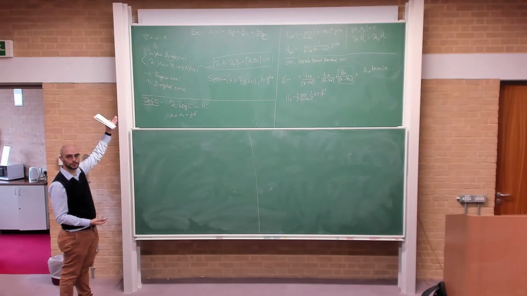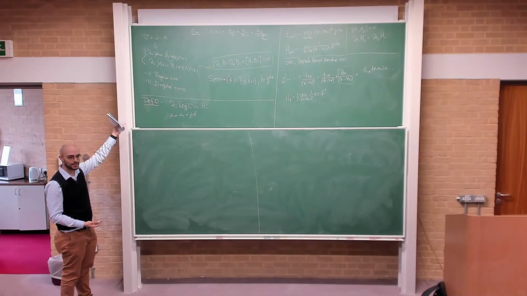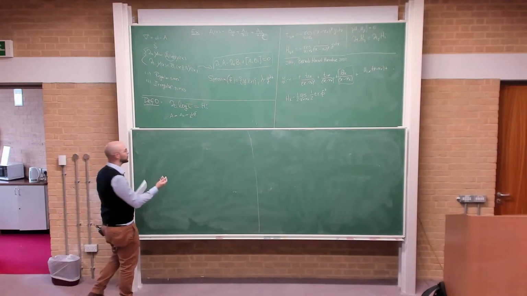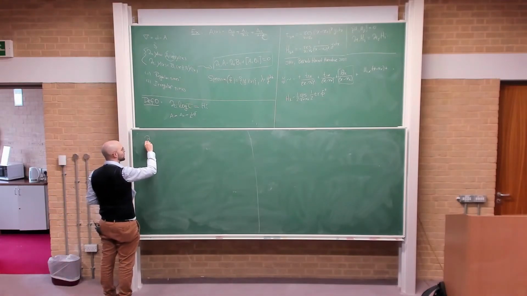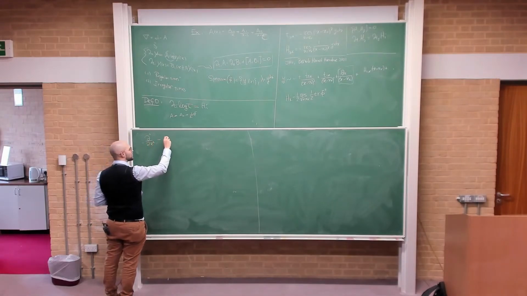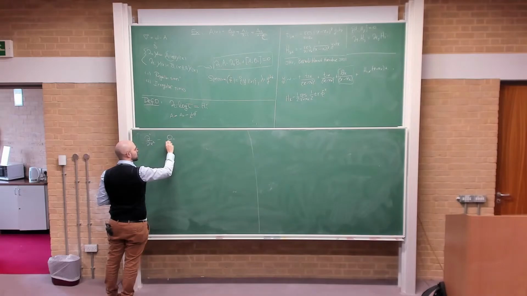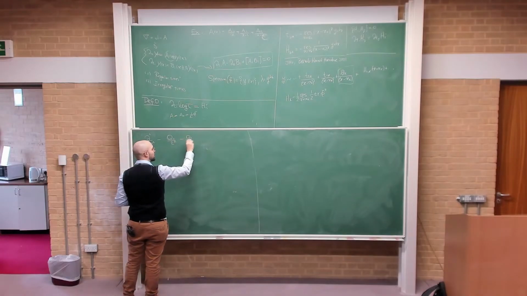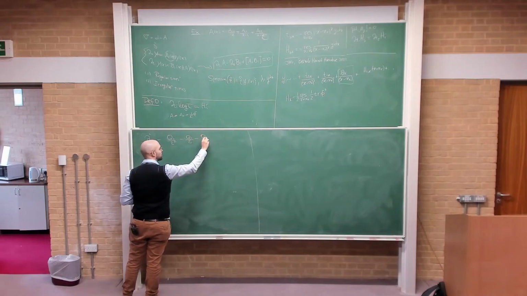This is a 2x2 first order system of linear ODEs, and you write it as a second order scalar ODE. And then if you do it, you will get something which is minus Q0 over epsilon squared minus Q1 over epsilon minus Q2.